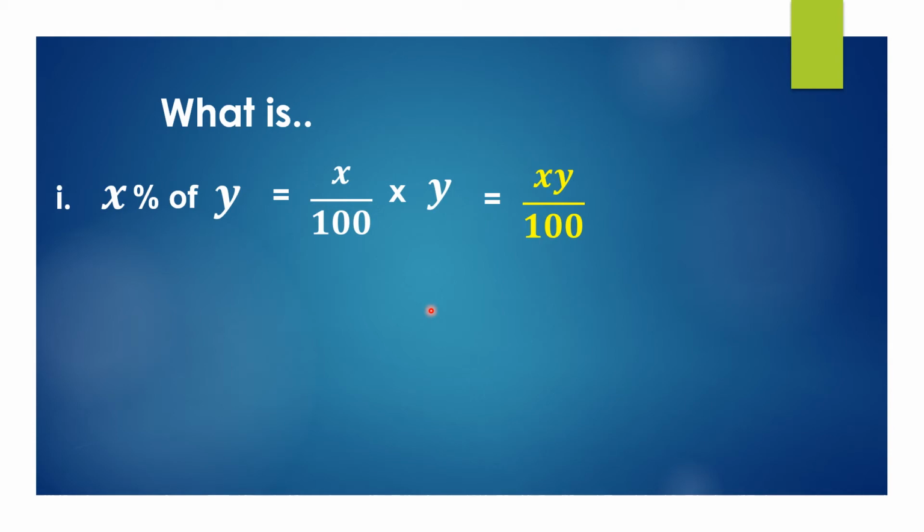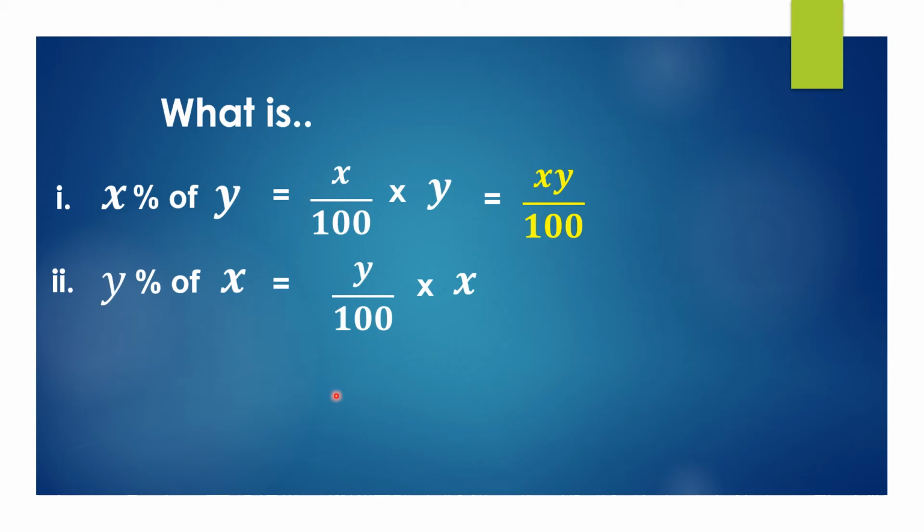Now, before going into the trick, let's see one formula. What is x% of y? X% means x by 100, of means multiplication into y. So it will be x by 100 into y, which is xy by 100. In the same way, we will find what is y% of x. Y% means y by 100, of means into x.